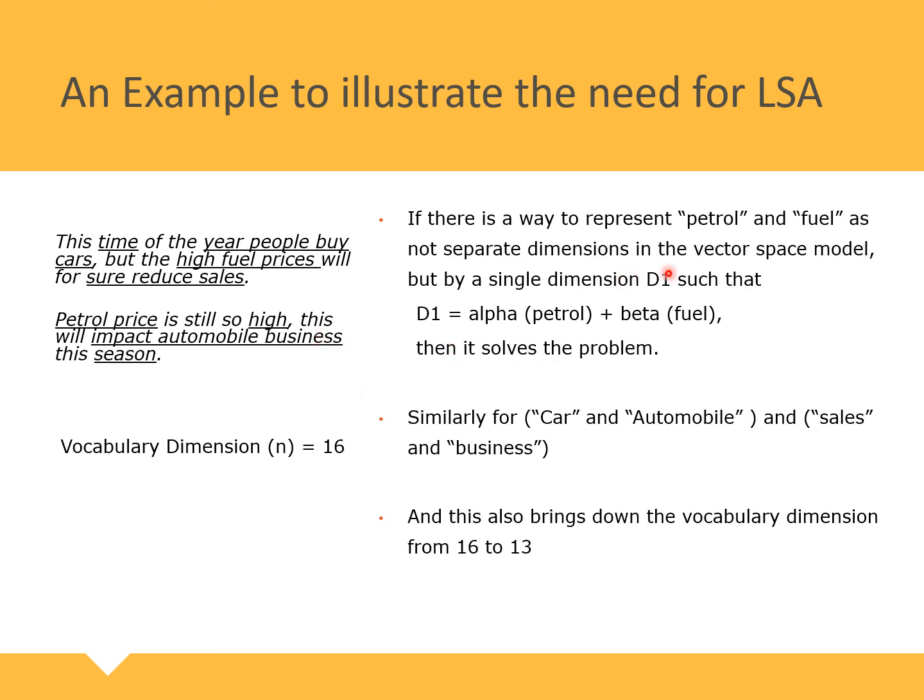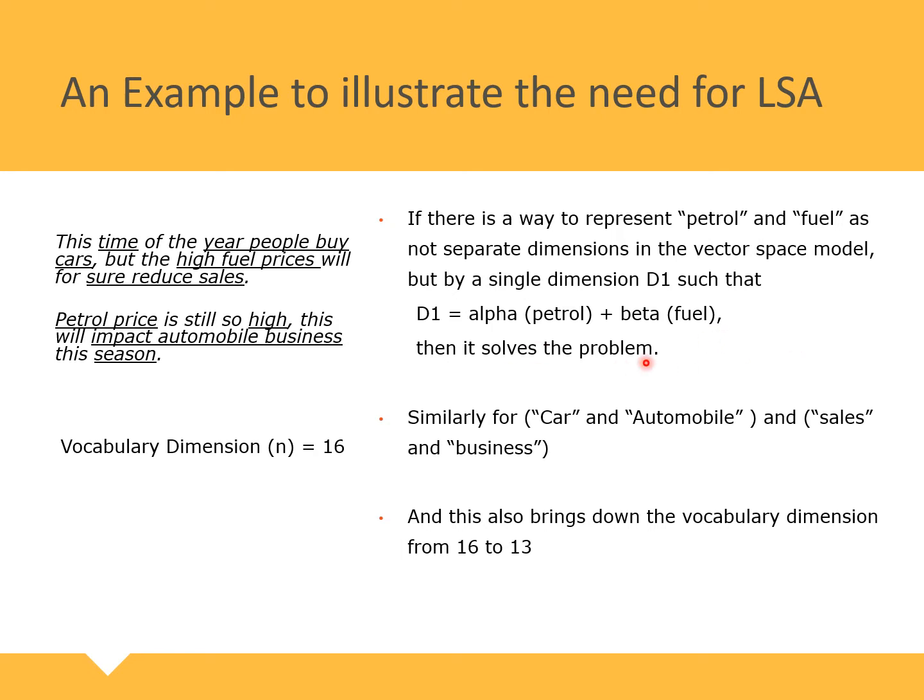So instead of representing petrol and fuel as two independent dimensions, we can represent them as a common dimension. Let's say we can combine them in some way, alpha times petrol plus beta times fuel, call that D1, and represent both petrol and fuel by a single dimension D1. Then it solves the problem to a certain extent, right? Because then what we are saying is whether you call it petrol or whether you call it fuel, it's all the same.